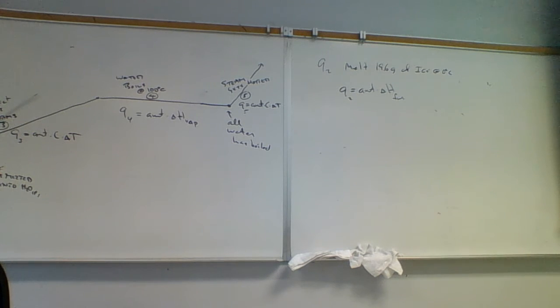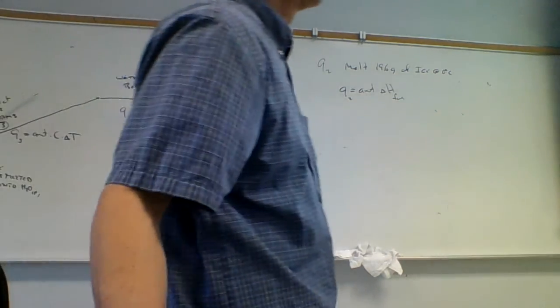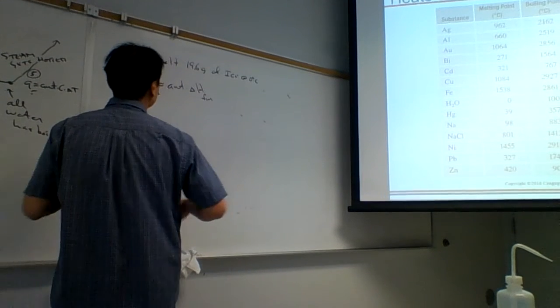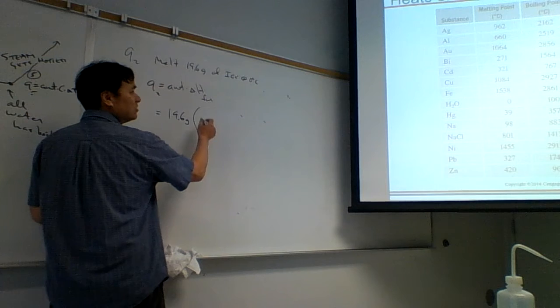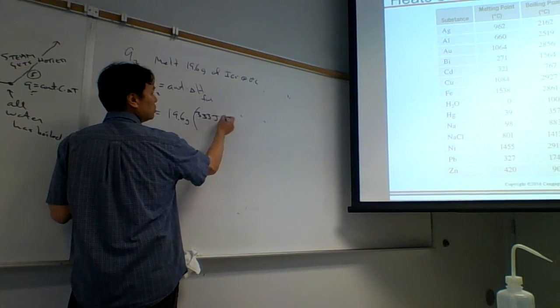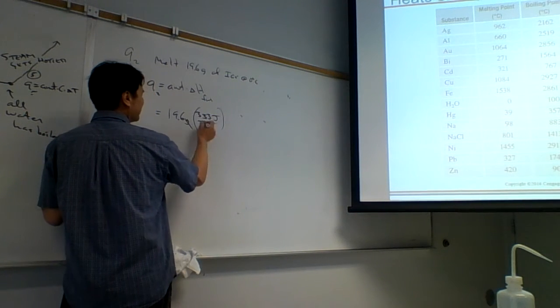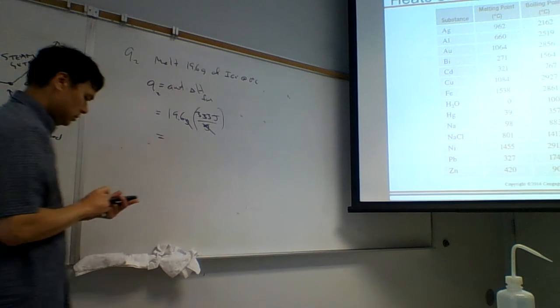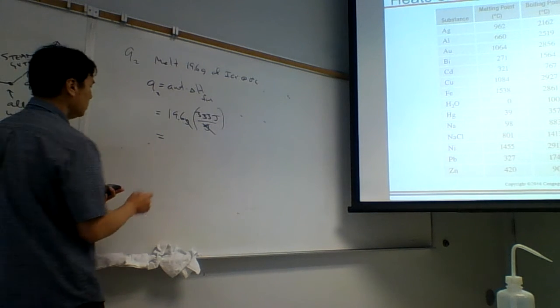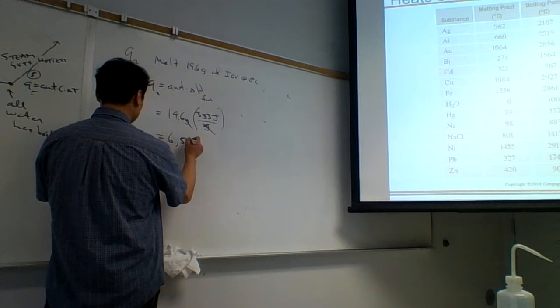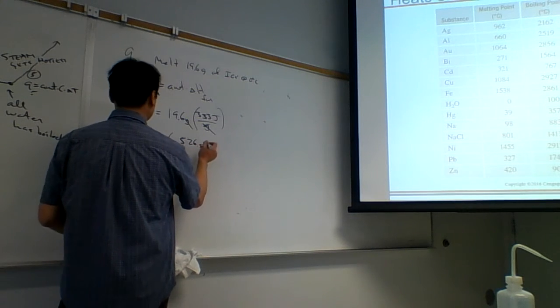Fusion is melting, 333. So the amount is 19.6 grams. And delta H of fusion is 333 joules per gram. So the grams cancel out, leaves me with joules. So let's go 19.6 times 333 equals 6,526.8 joules.